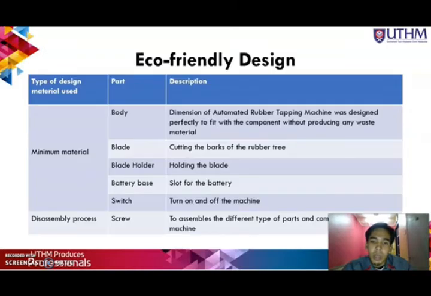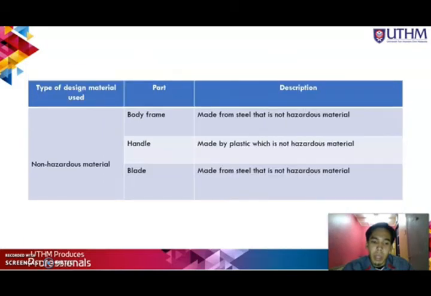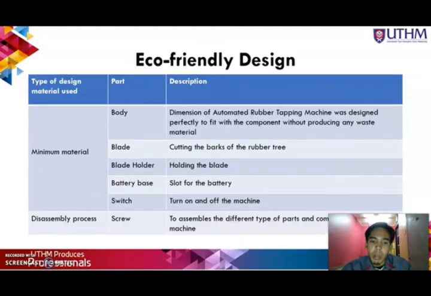So, for the eco-friendly design, the type of design material used is the minimum material and disassemble process, and also the non-hazardous material. For the minimum material, the parts consist of body, blade holder, battery, base, and switch.